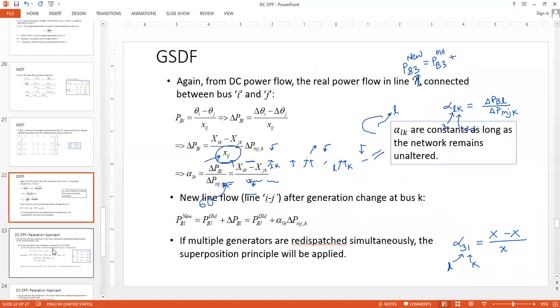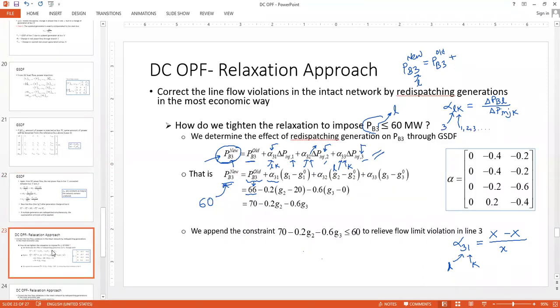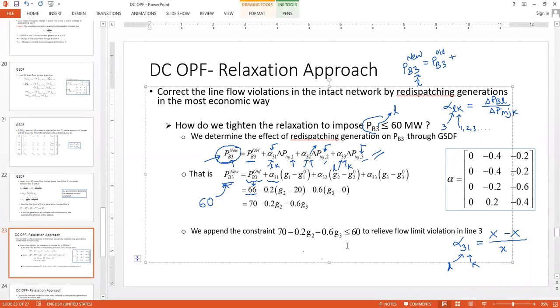So I is 1 and j is 3 for alpha 3, 1, for line number L. It is common for all alphas. For all alphas, L is fixed, so I will remain 1 and j will remain 3. K will be updated for all these entries.